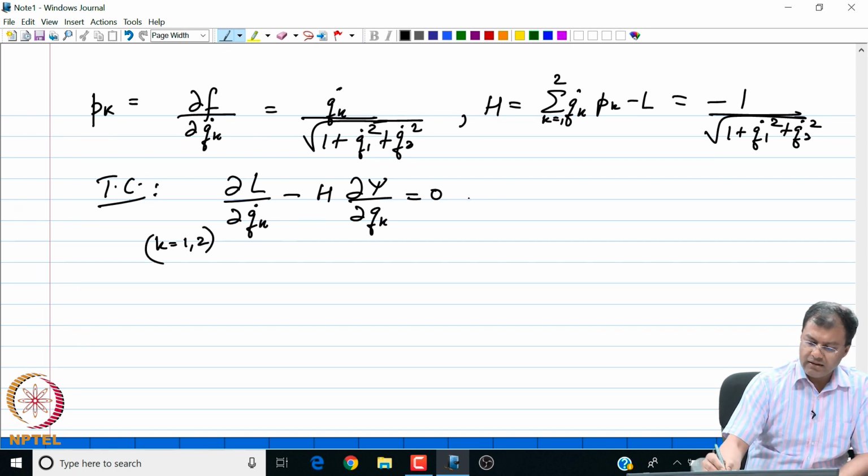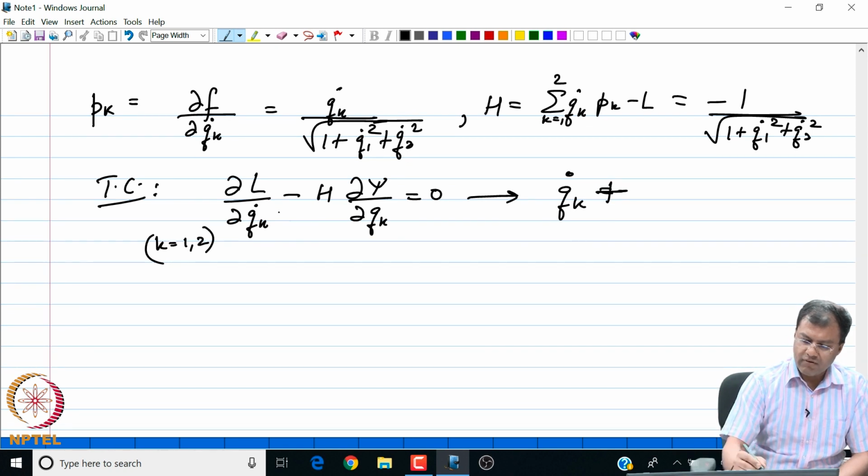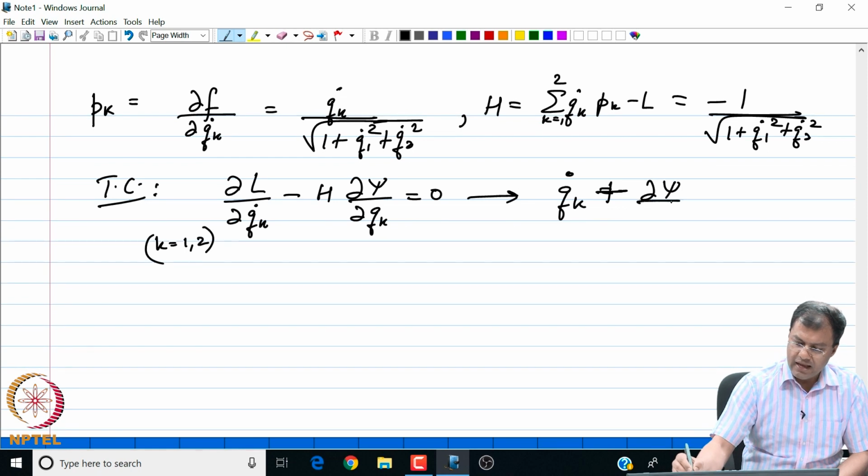I simplify this expression on the left hand side, after plugging in L, H and psi, to get that the equation is qk dot plus del psi del qk is equal to 0.